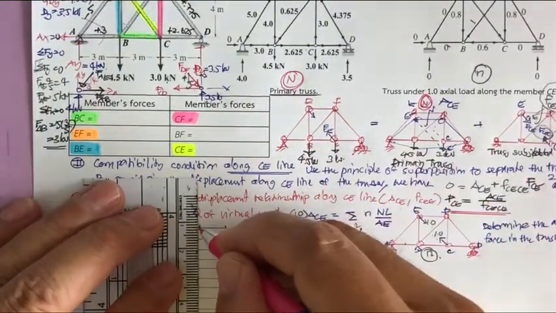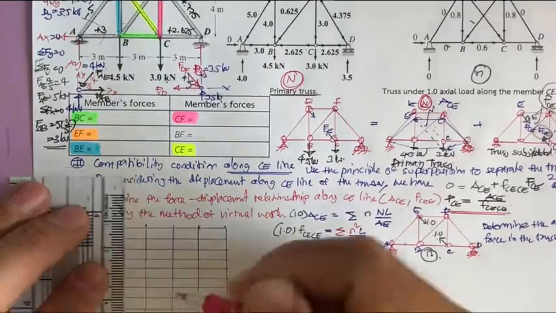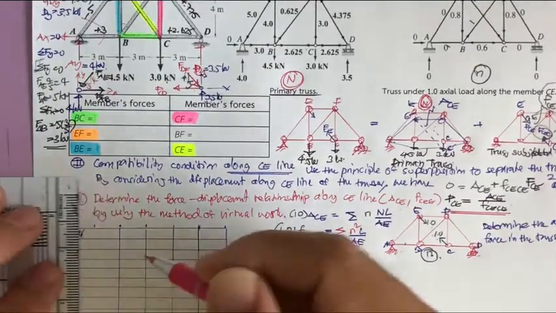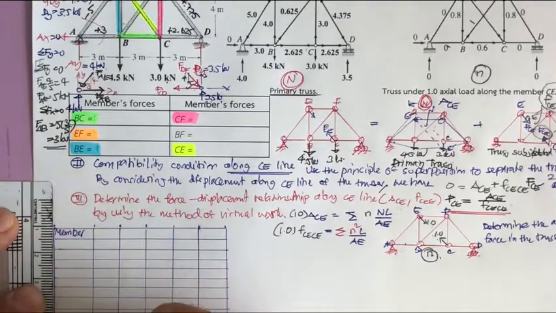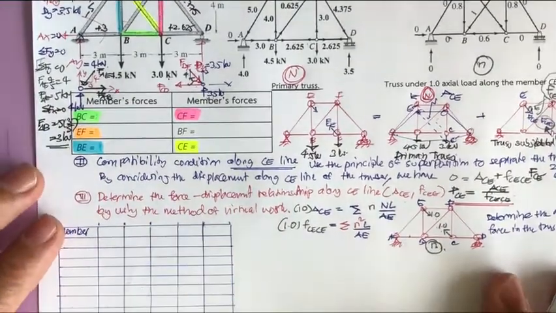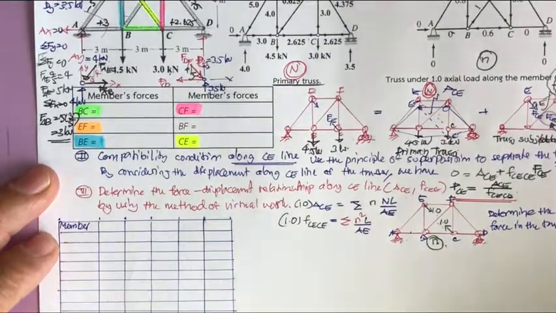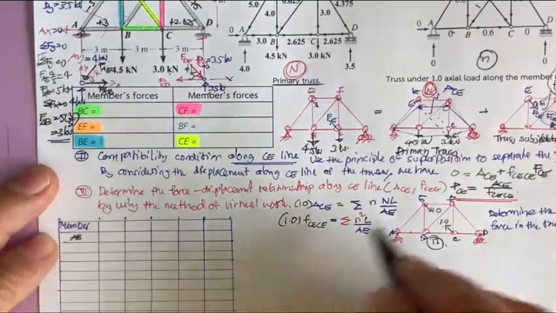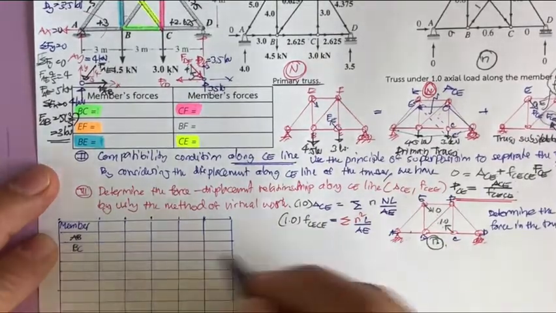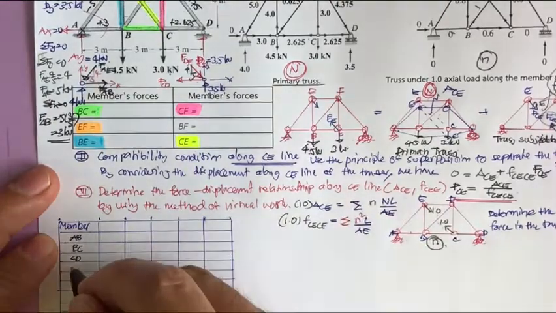Okay, you get this table. We're going to have the table because we're going to do the summation. It's convenient to do this and just list the members AB, AB, BC, BC, CD, CD, and then EF.